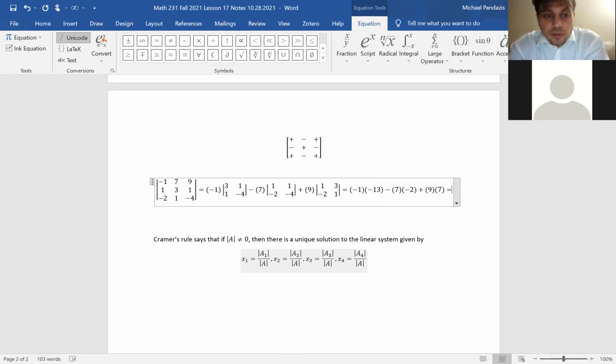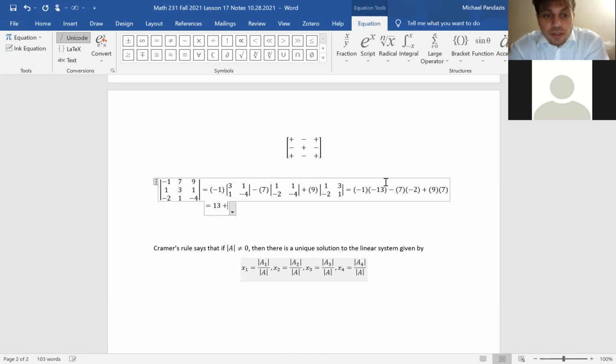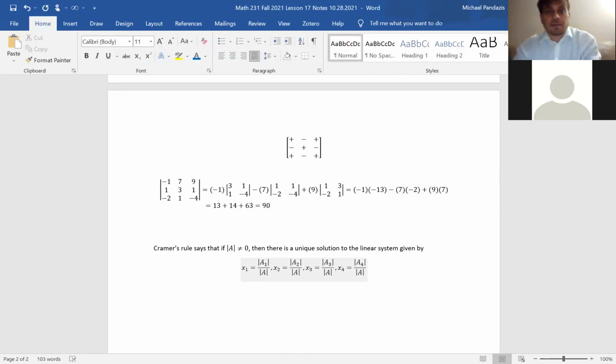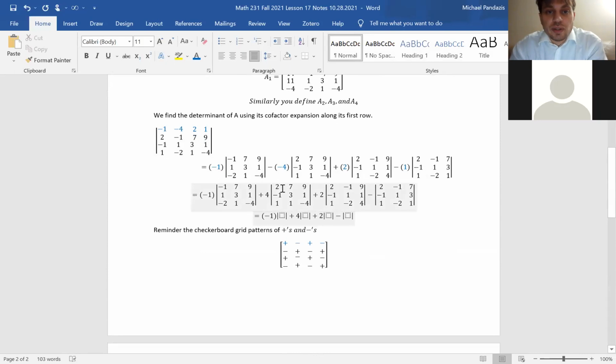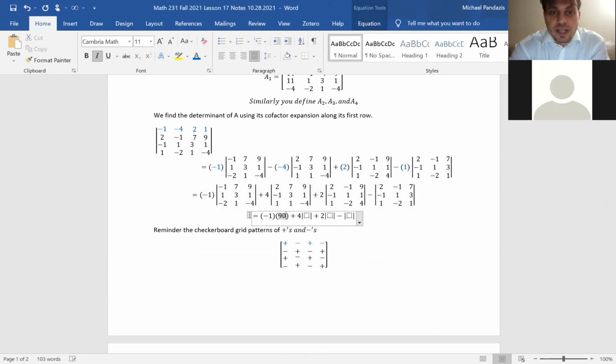And so that's equal to 13 plus 14 plus 63. So if you add those up, you get 27 plus 63, which is 90. So that determinant is 90. Okay. The next determinant, so you would plug that value in here. And so what that is, it's 90.